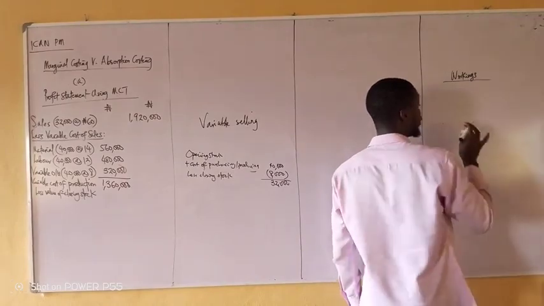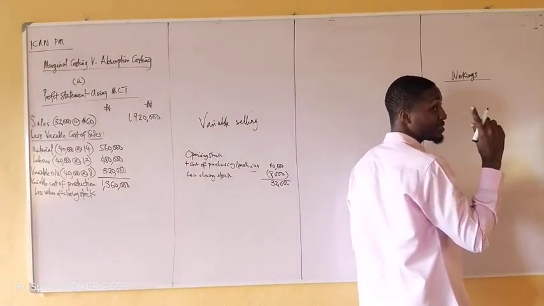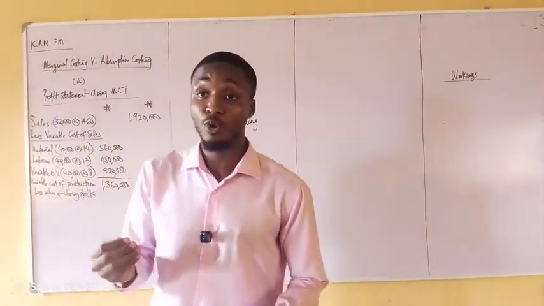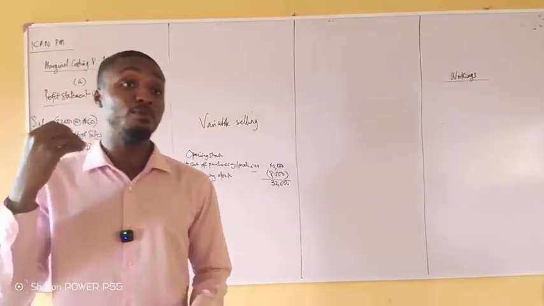Closing stock. Now we just want to compute the value of one closing stock. Still, we are using marginal costing, so the way we value our stock, we'll be adding only variable cost.